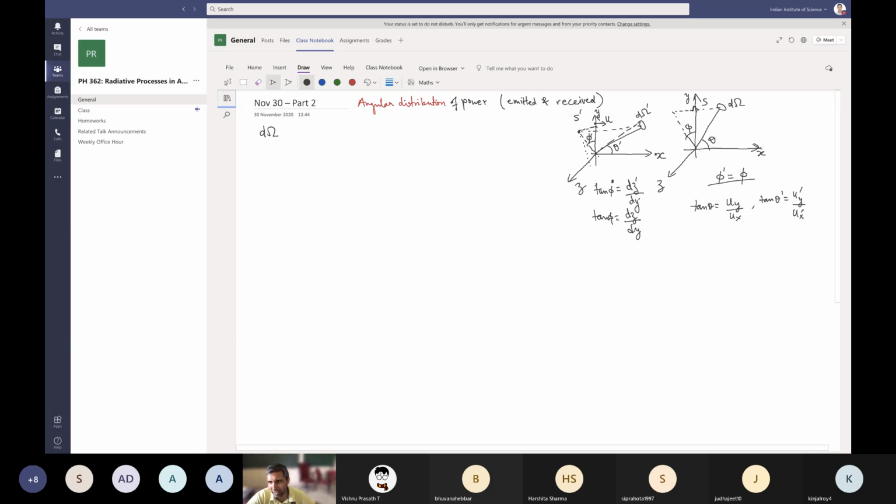This is the direction of the particle, and theta is the angle of n hat, the direction in which you're considering the photons, with n hat prime in the other frame. We derived this formula by using the velocity transformations. We derived that cos theta is equal to cos theta prime plus v by c, divided by 1 plus v by c cos theta prime, right?